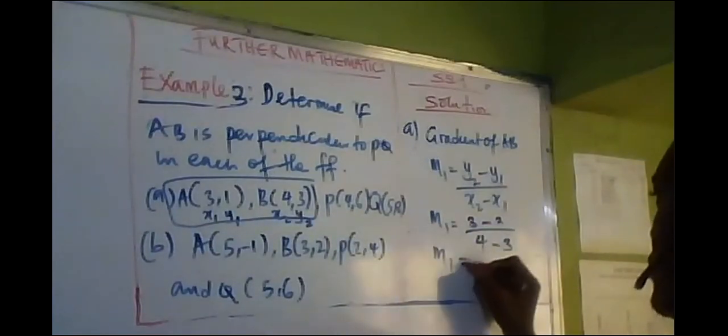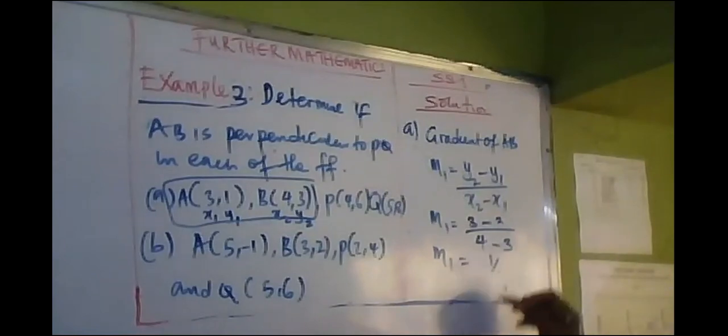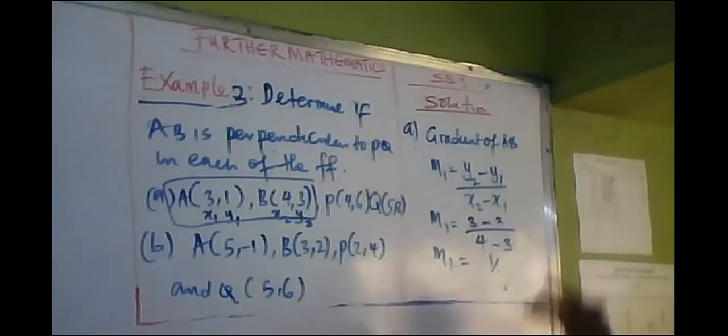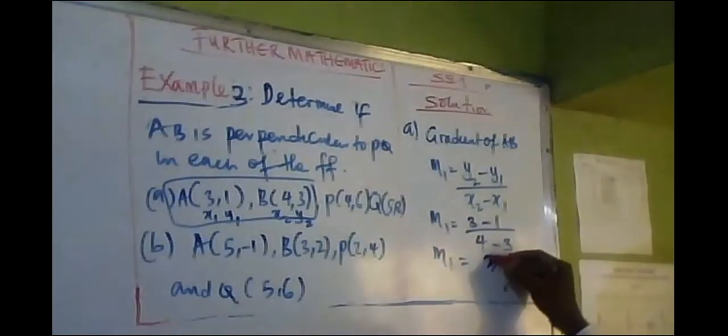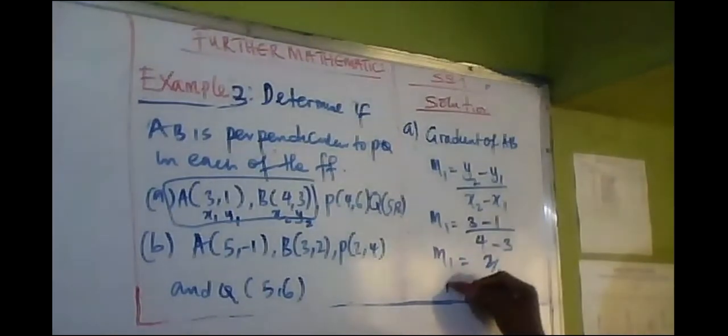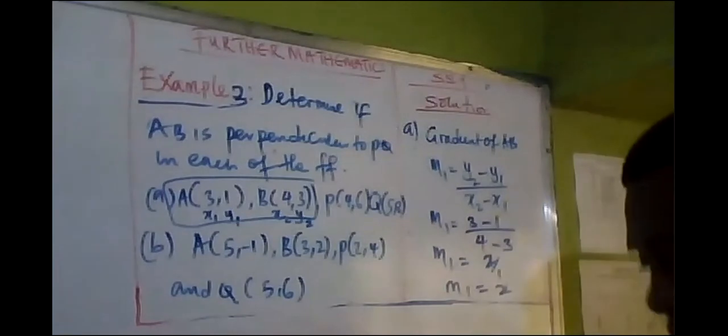So M1 is 2 over 1, which gives 2. So that's the gradient of AB.